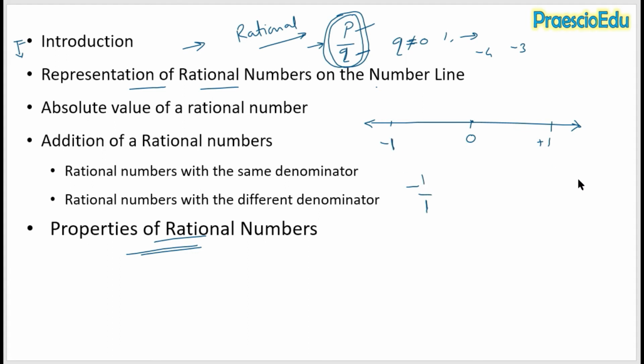Here +1 means 1 by 1, in p by q format, and the non-zero denominator is 1. But suppose the denominator is more than 1, suppose -1 by 2 or +1 by 2. Where can we write these numbers on the number line? 1 by 2 is half of 1. For -1 by 2, exactly between 0 and -1 is the half.